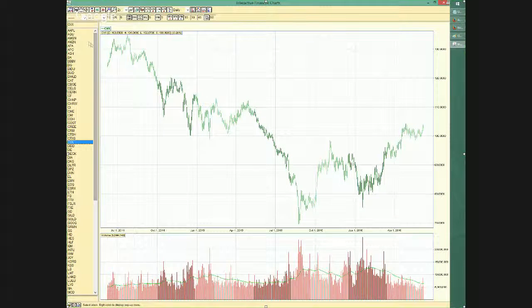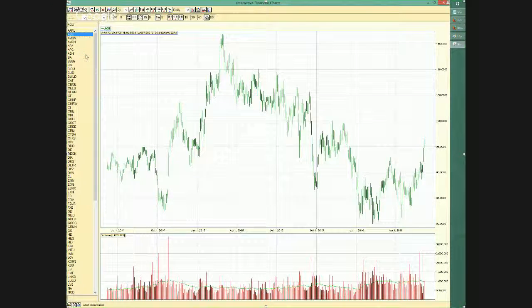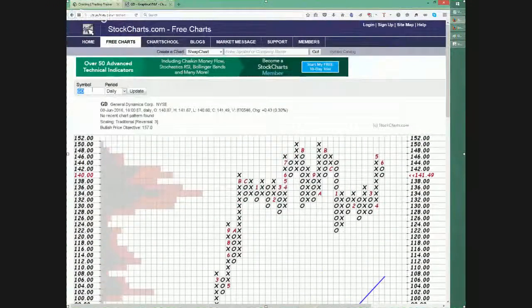Maybe not. Should we just step through some of these candidates that I've got on my particular watch list and see if we've got any? This is Amgen. Let's pull Amgen up also on a point and figure chart. Ticker AMGN.